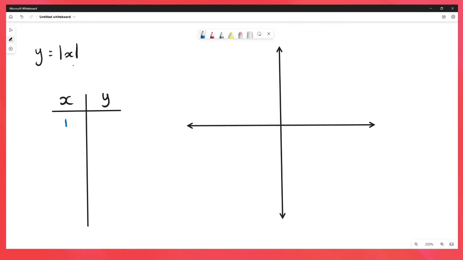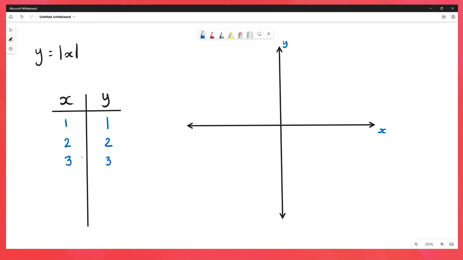So if x is 1, we're doing modulus of 1, so you get y as 1. Likewise, 2 gives us 2, and 3 gives us 3. So we can see when x is positive, y is the same number.